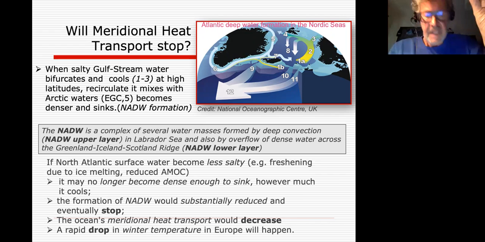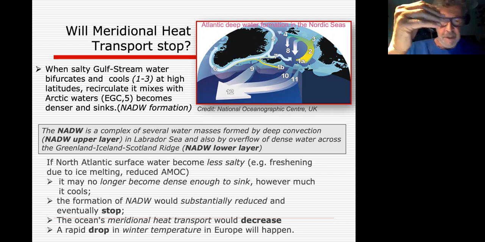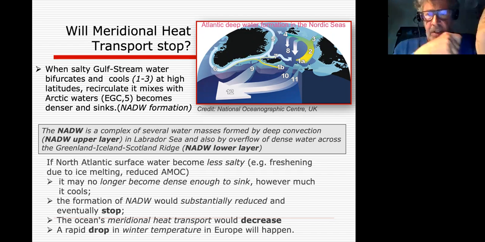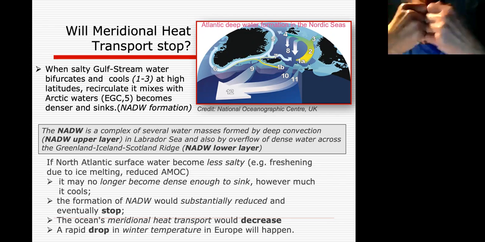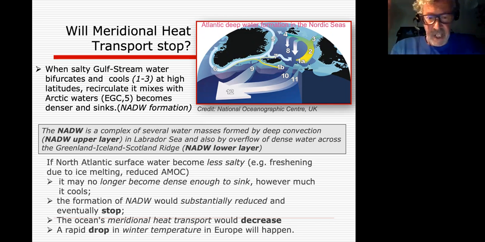This means that you have a surface layer where the buoyancy is increased, the density is much less than before. This freshening is, in turn, not mitigated by the contribution of salty water due to the Gulf Stream.